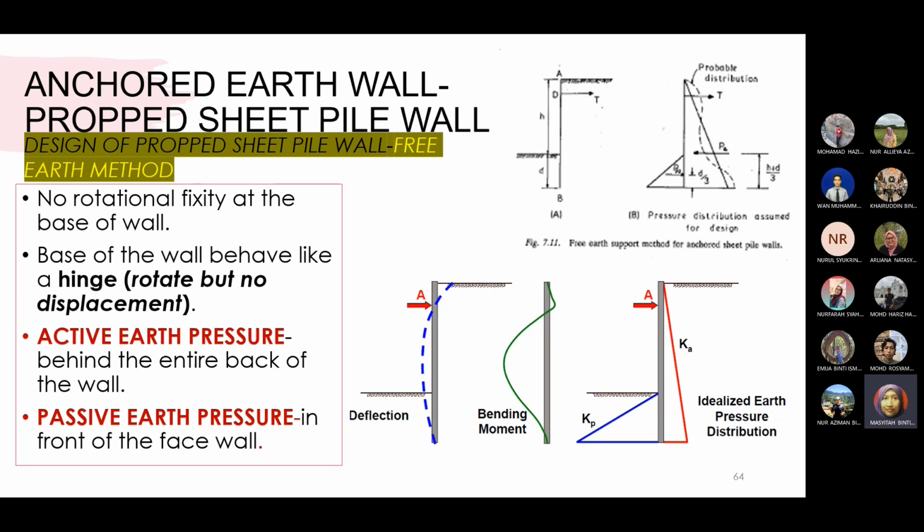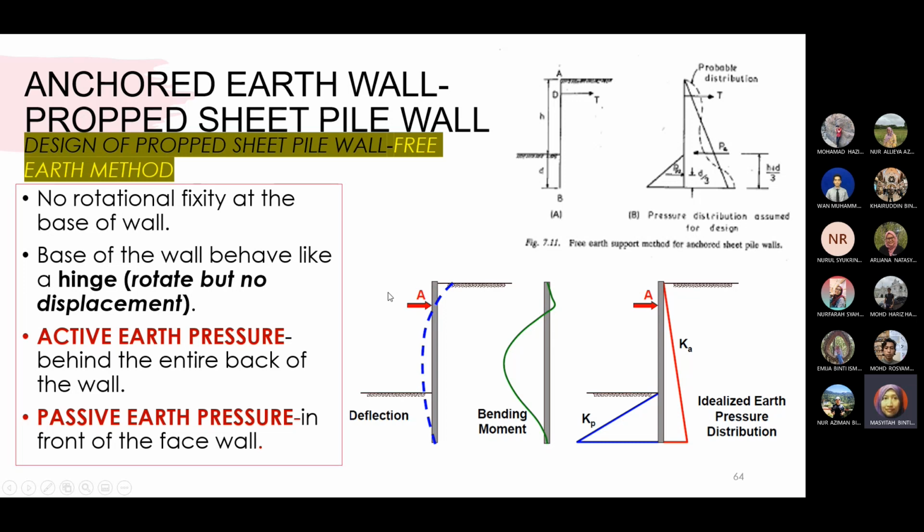You letak kat dia, dia can produce satu force iaitu T. T tu nanti yang you kena design lah untuk calculate berapa nilai T untuk sustain dia punya stability, strain from failure.